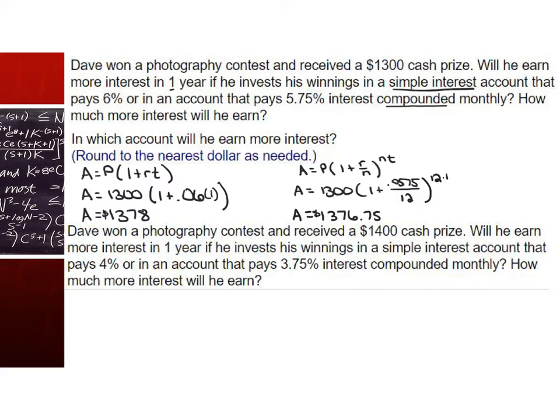Then what you have to do in this problem is choose A or B and say which one you make more money on. Which is bigger, $1,378 or $1,376.75? It's the 1,378, which was simple interest. So Dave makes more with simple interest.